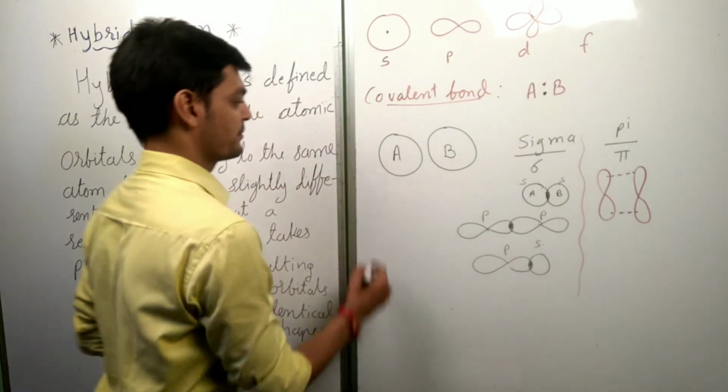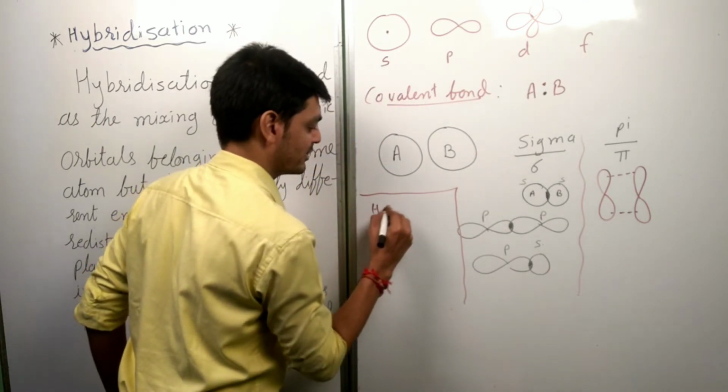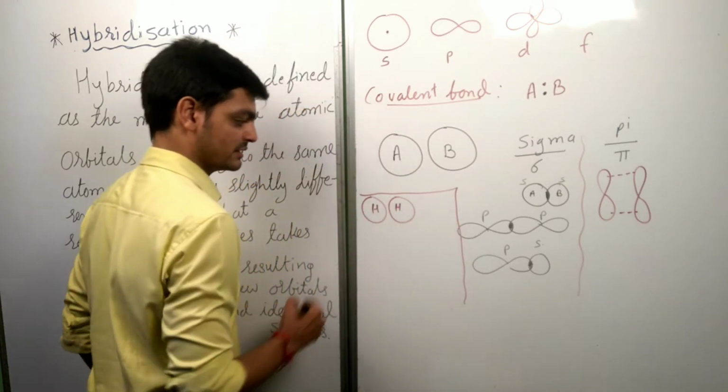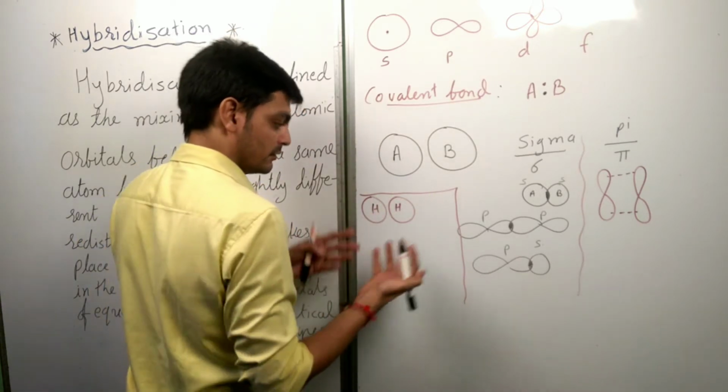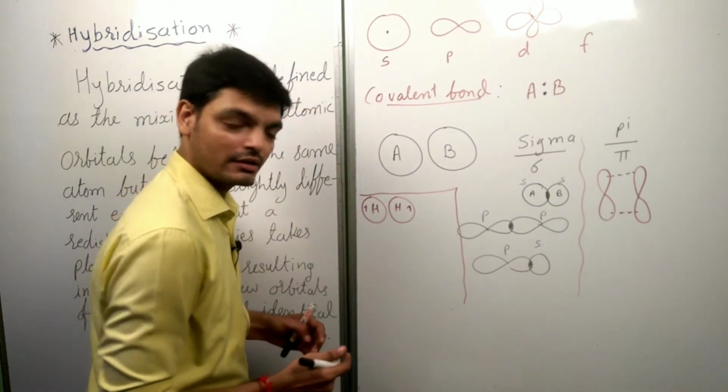Now for example, if we want to form a bond between two hydrogen atoms, these are two hydrogen atoms, they have their own 1 electrons in their atomic orbital.